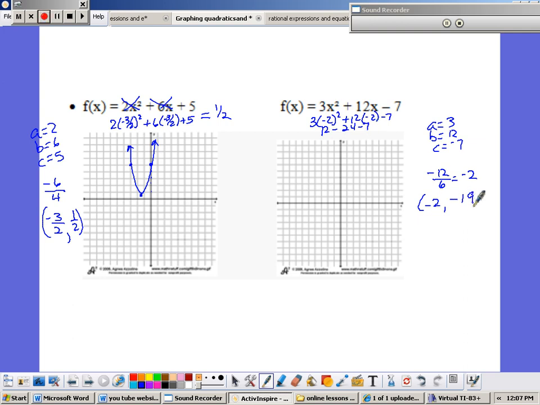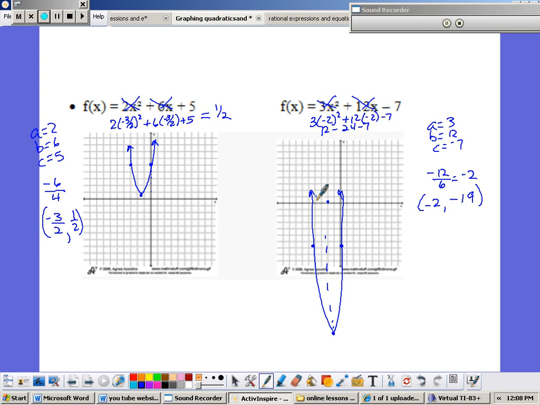I'm definitely going off my graph on this one. Negative 2, negative 19. I'm going to have to estimate it, or get a bigger piece of graph paper, which I don't have right now. Okay, cross out, negative 7. 2, 3, 4, 5, 6, 7. Remember, it's symmetrical, so over here. And there we go.